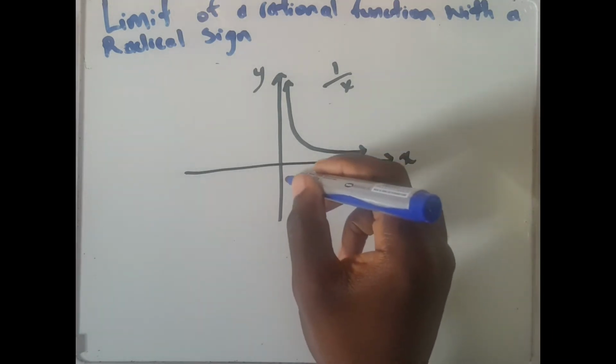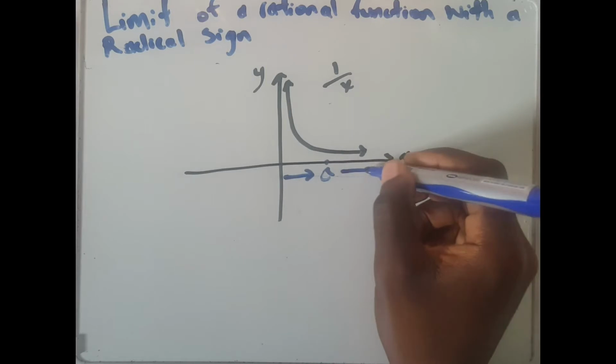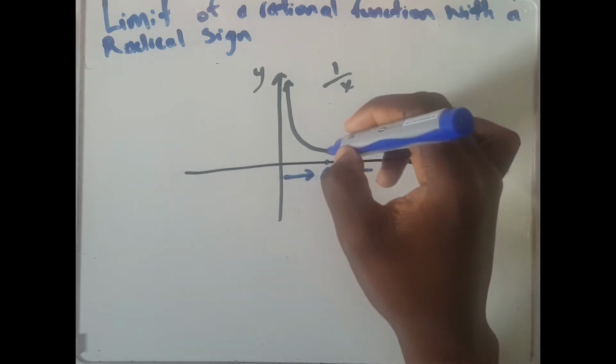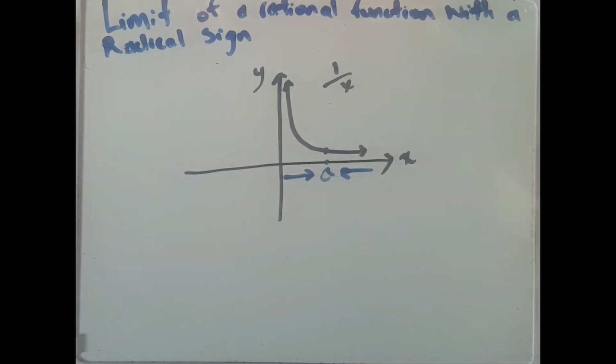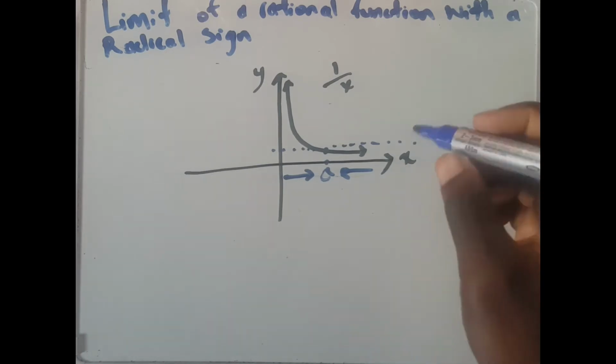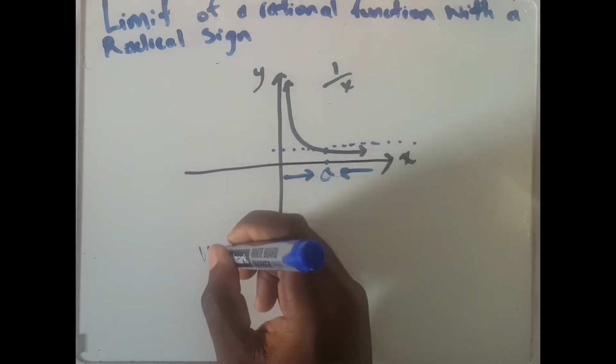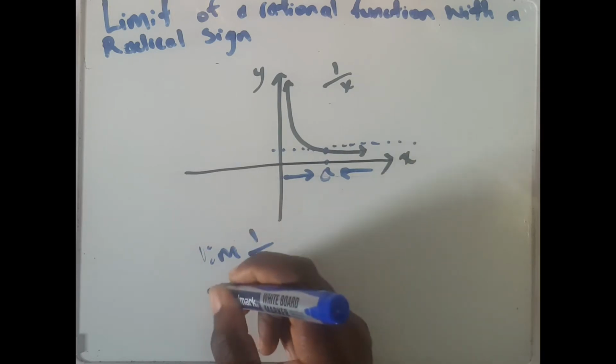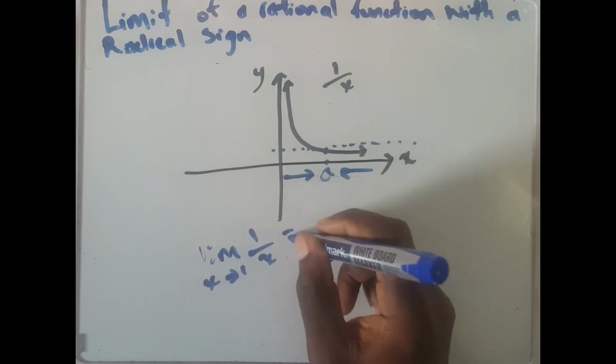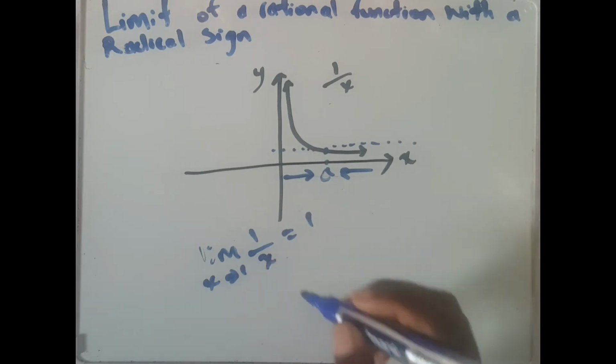As x approaches a from the left or from the right, the limit of this function approaches this point here, right? Unlike when I'm at infinity, where I will do a better example, as I said. But for now, if x is, say, 1, if I substitute 1 inside this, my limit would approach 1, right? So the limit of 1 over x as x approaches 1 would be 1 over 1, right?